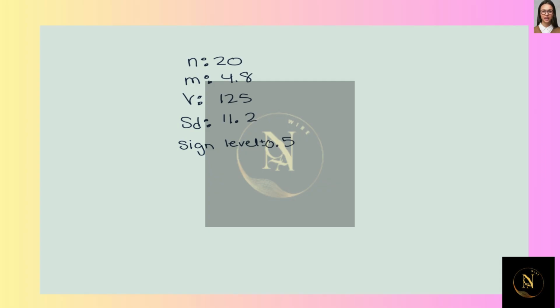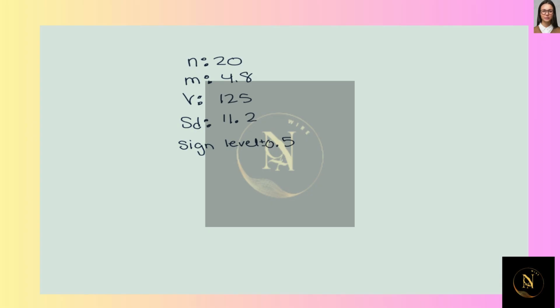So first of all, in order to do this, we have a mean of 4.8. The sample size is 20 children, and the sample standard deviation is 11.2. And so what you have to first do is calculate your t-score.